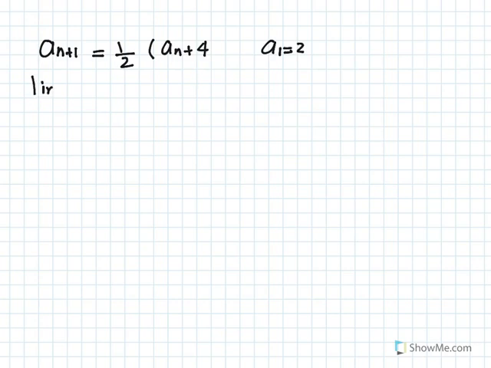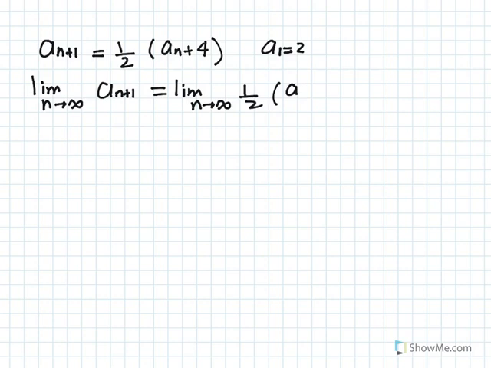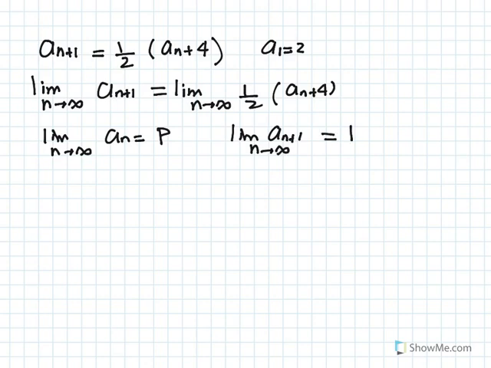Let's take the limit of both sides: the limit as n goes to infinity of a_(n+1) is equal to the limit as n goes to infinity of 1/2 of (a_n plus 4). Now, we know that the limit of a_n as n goes to infinity is equal to P. Therefore, the limit of a_(n+1) is also going to be P, because when n goes to infinity, n plus 1 also goes to infinity.